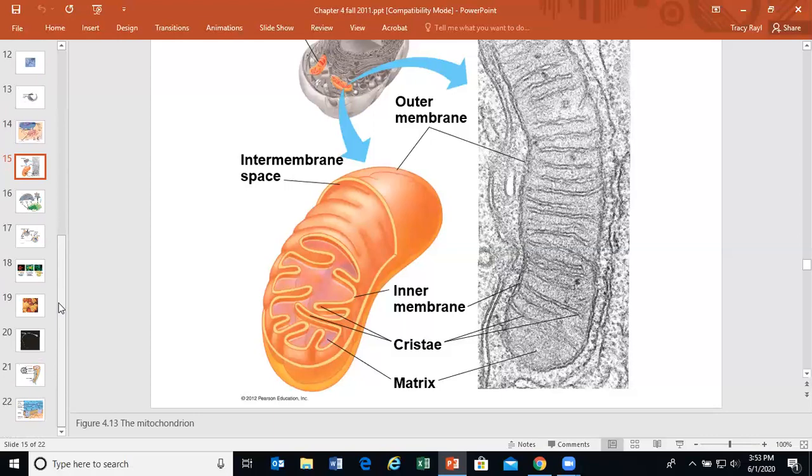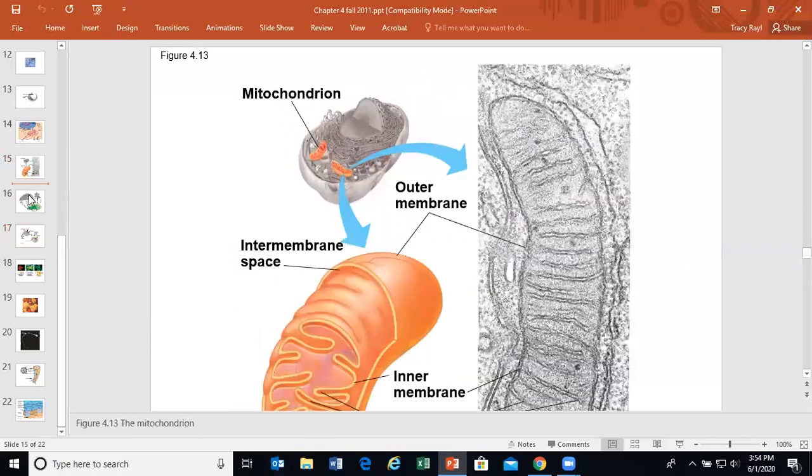But in general, we'll start with glucose, which is C6H12O6, plus 6 oxygen. Atmospheric oxygen is O2. So plus 6 O2 yields, which is the arrow pointing to the right, 6 CO2 plus 6 H2O plus energy. And we'll leave it at that. So again, you can go to the chapters in the book, 4 or 6, to take a look at the equation.